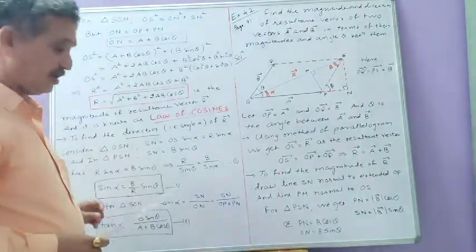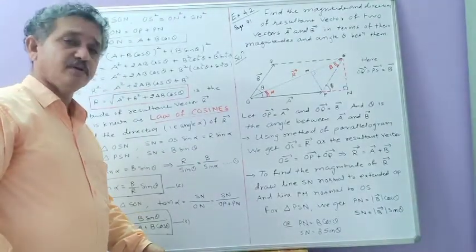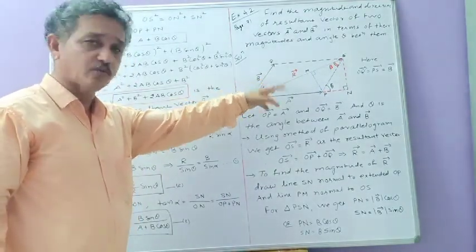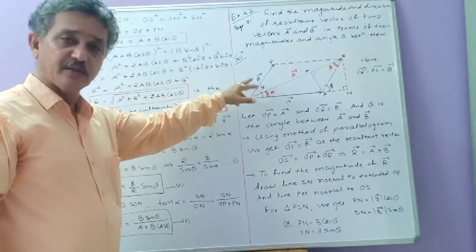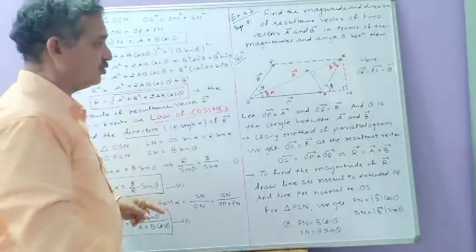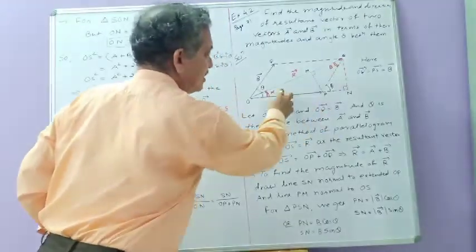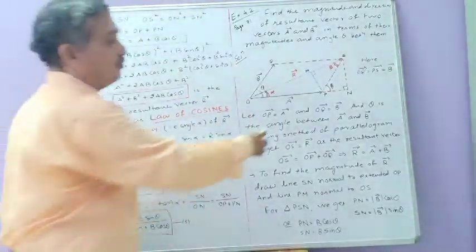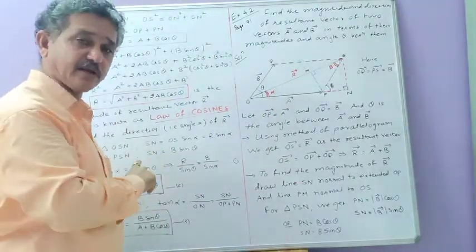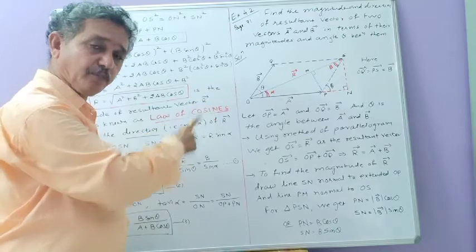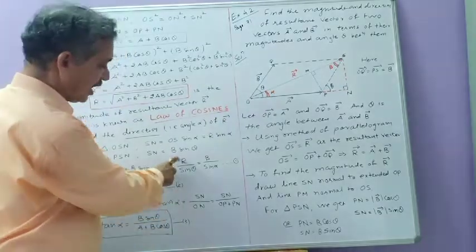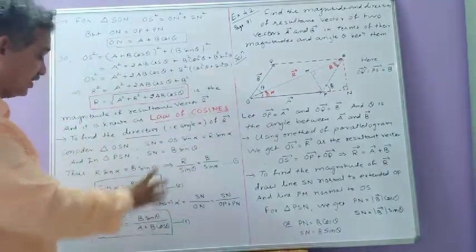In such a diagram, where vector R is the resultant of two vectors and theta is the angle between them, the magnitude of R upon sine theta equals the magnitude of B upon sine alpha. Remember which angle is in front of which side: take that side upon the sine of that angle. So R sin theta equals B sin alpha, and you should remember this formula.